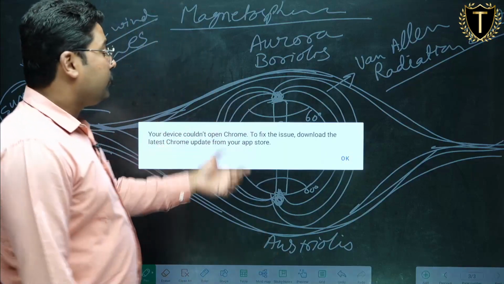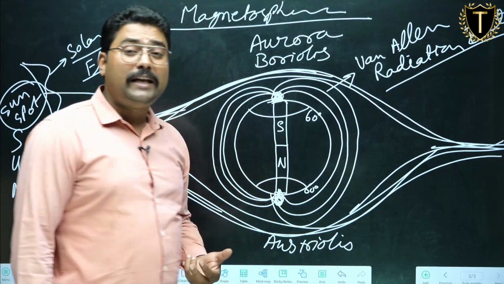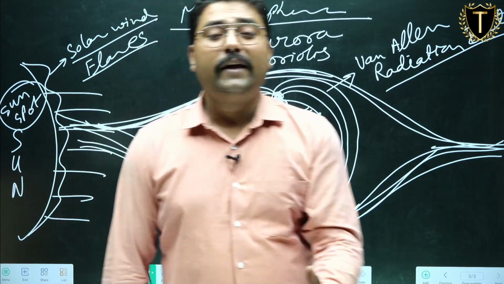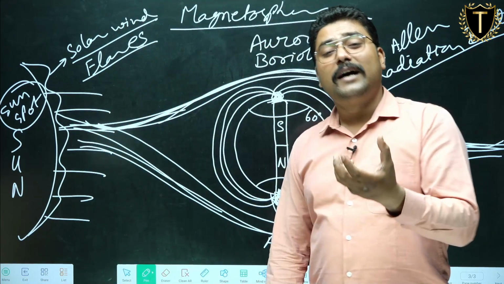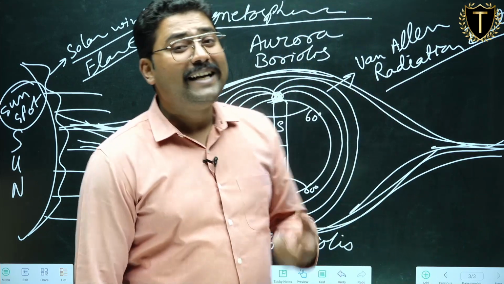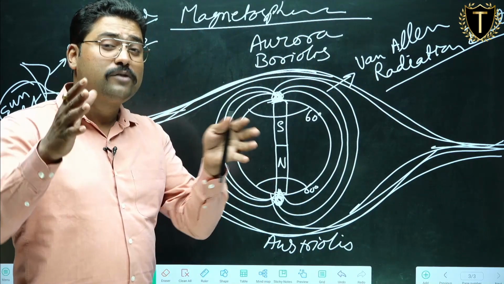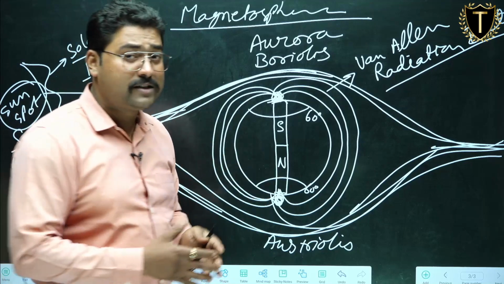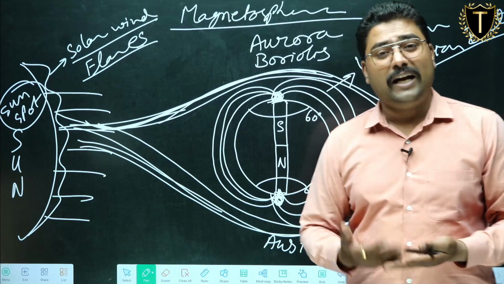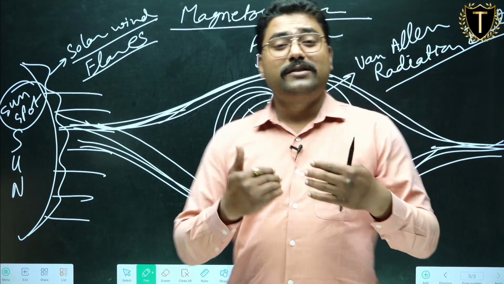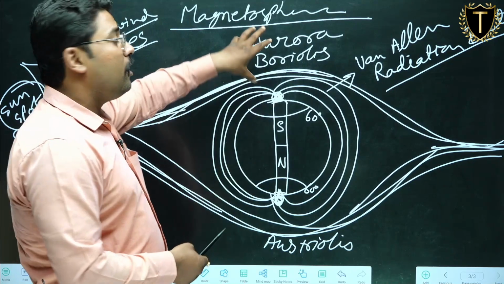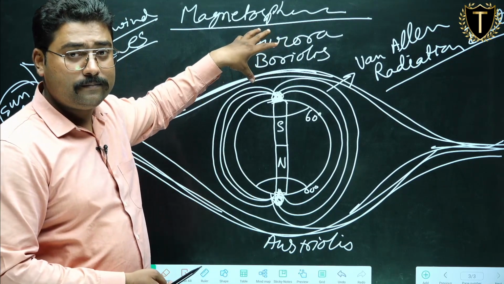So simply the ionized particles will increase, means there will be disturbance in the ionosphere, and due to the increase in ionized particles, all the things which are running on electromagnetic fields will be hampered, like radar, communication activity, satellite phones, then our signals, FM, everything, and the phenomenon of aurora will increase.